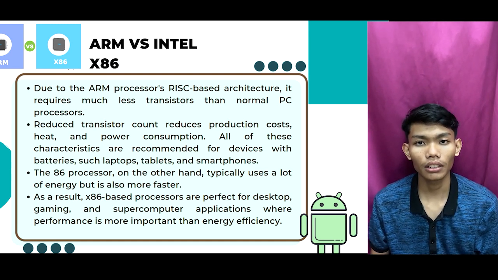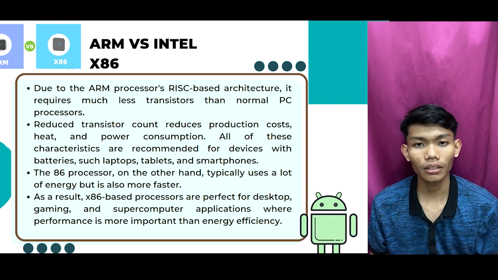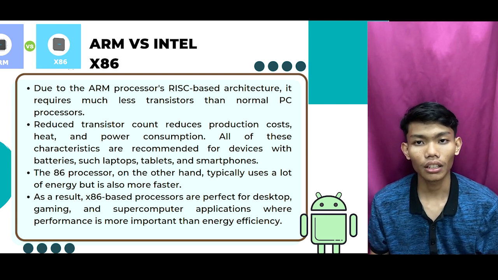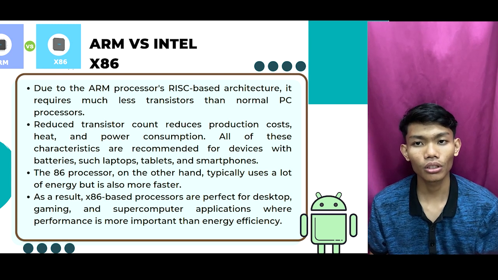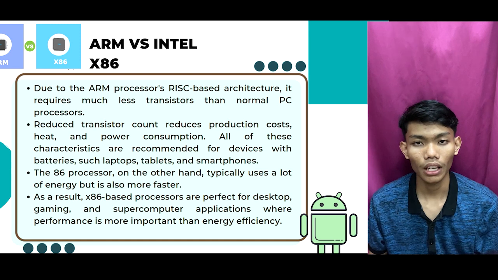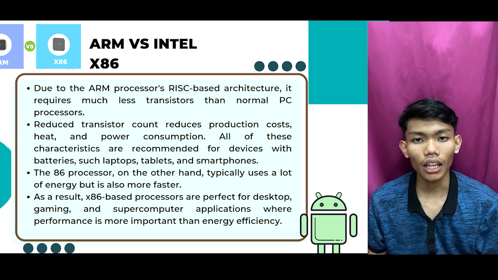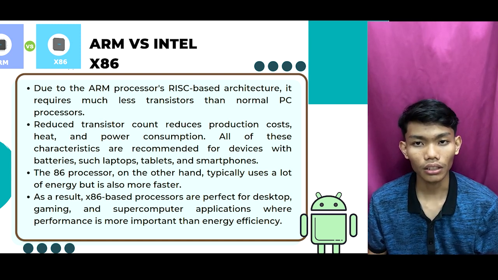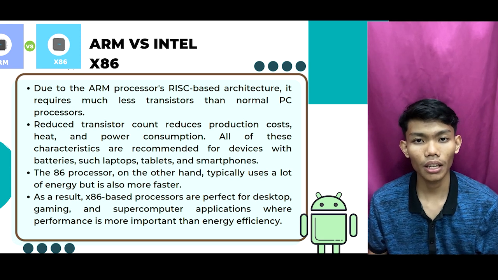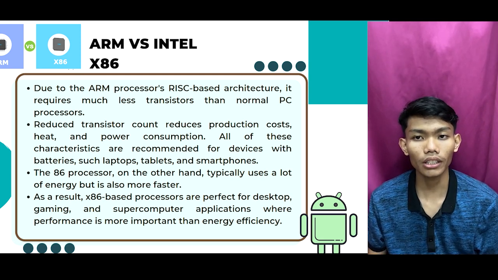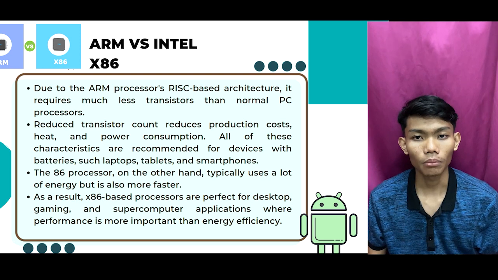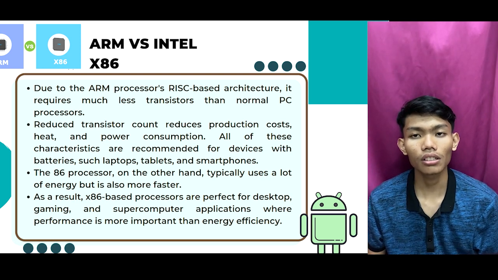All of these characteristics are recommended for battery-powered devices such as laptops, tablets, and smartphones. The x86 processor, on the other hand, typically uses a lot of energy, but it is also faster. As a result, x86-based processors are perfect for desktop, gaming, and supercomputer applications where performance is more important than energy efficiency.